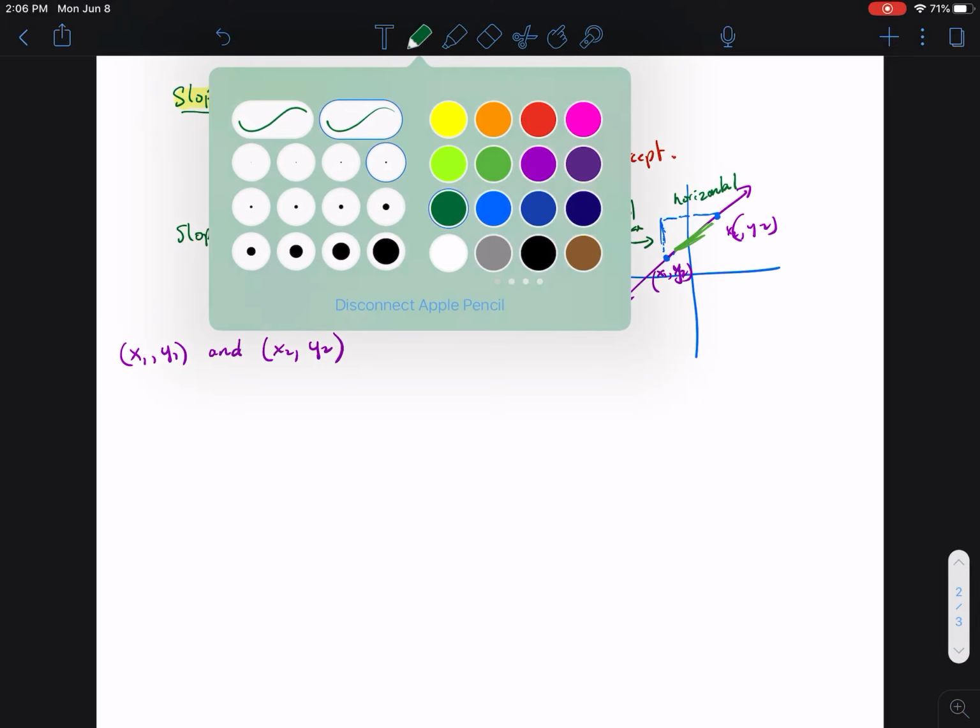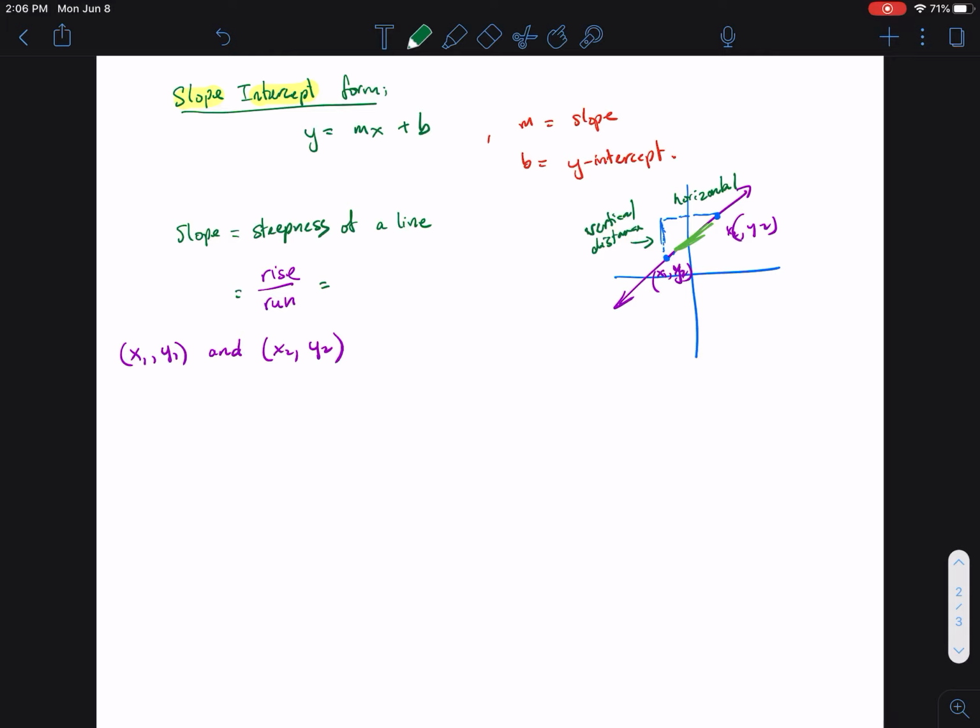So the slope is the change in y, y2 minus y1, divided by x2 minus x1. That's your slope formula. This is how we find slope from 2 given points. But if the equation is in this form, we can just look at the constant in front of x, which is our slope, and the constant here will be our y-intercept.